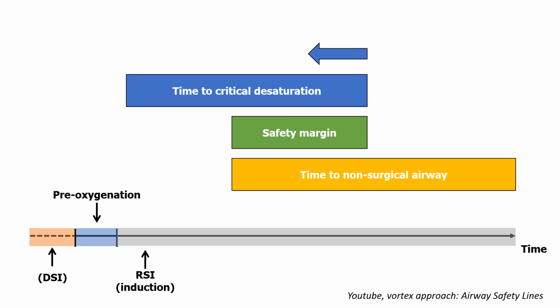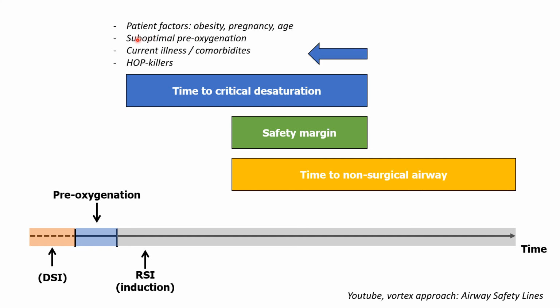What happens, as we talked about, if you have an obese patient, if you have a pregnant patient, a child with a high metabolism, if you have suboptimal pre-oxygenation, if you have current illnesses that keep the patient from getting their sats up, if you have hemoglobin killers, then this window decreases. This time to critical desaturation decreases, and the safety margin decreases as well.